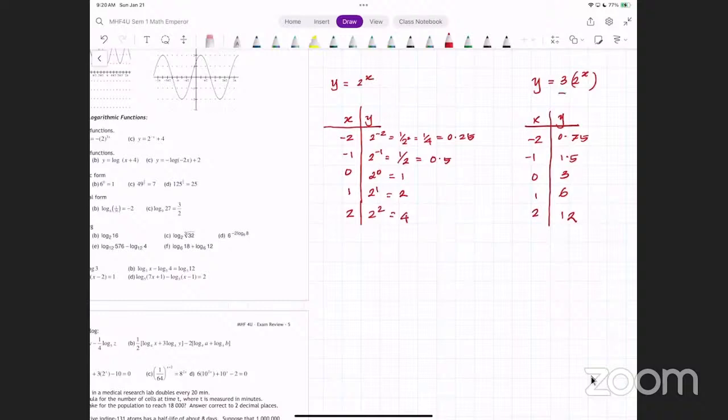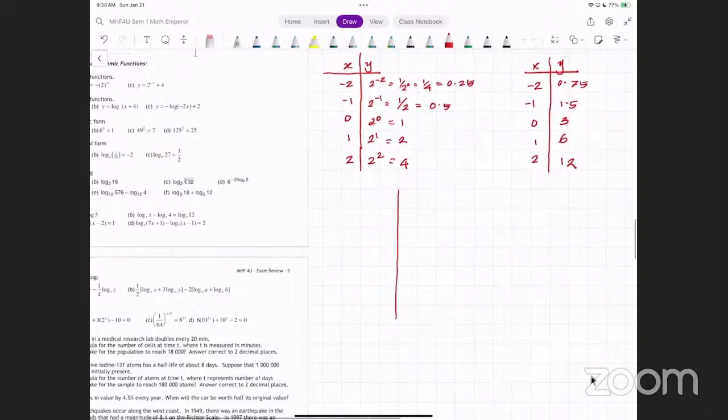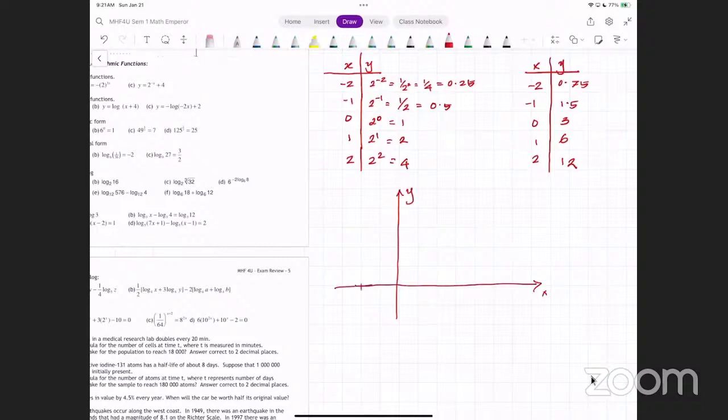So I'm applying the mapping notation. To show how the graph will look, we're going to draw both graphs, the parent graph and also the transformed graph, so that we can clearly see the picture. So these are some scales here. -2, -1, 0, 1, 2, 3, 4.